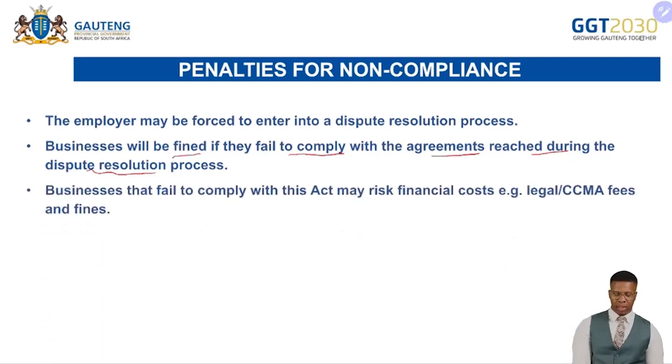And then another one is that businesses that fail to comply with this act may risk financial costs, such as legal fees or CCMA fees or fines. Those can be penalties for businesses that do unfair or illegal dismissals.